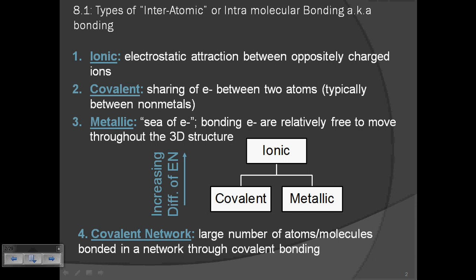There are four types of bonding: ionic bond, covalent bond, metallic bond, and covalent network bond. Ionic bond is a term given to the electrostatic attraction between oppositely charged ions.